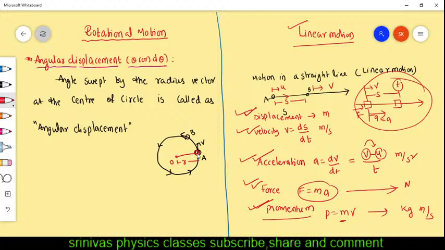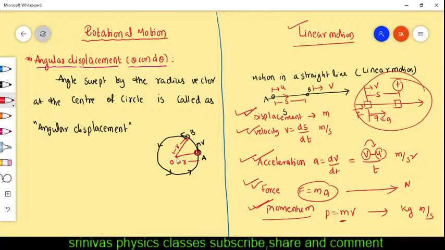When the object is here, the radius vector is here. When the object goes to the other position like this, the radius vector is the line joining the object and center, so it goes to this position. This is the radius vector now.